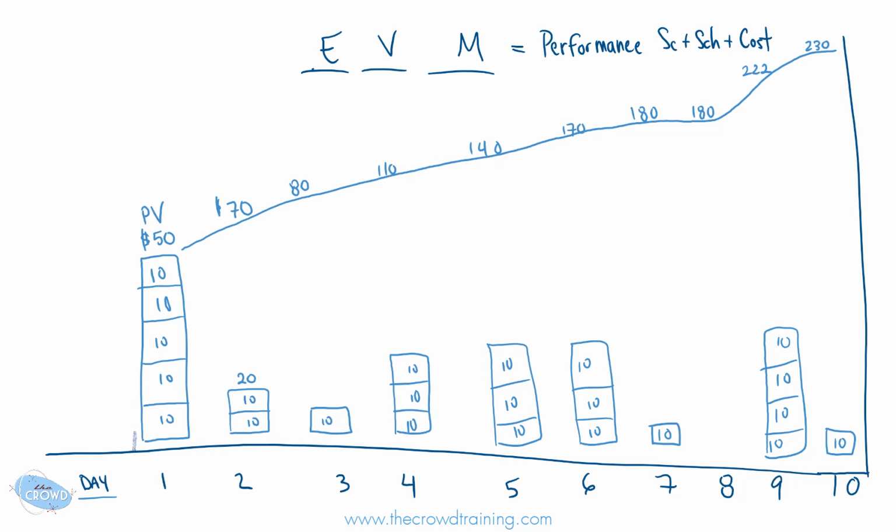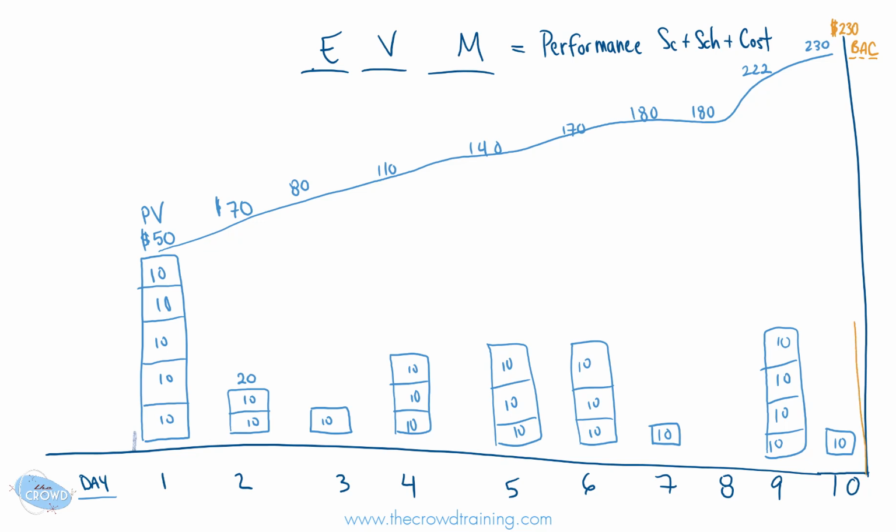But here is another value I want you to pay attention to: we now have an accumulation of all the planned values that are expected to be earned, which is 230 by the end of the project. That 230 is also considered your budget at completion of your project. So BAC, budget at completion.